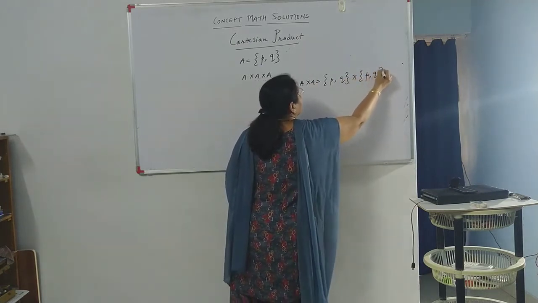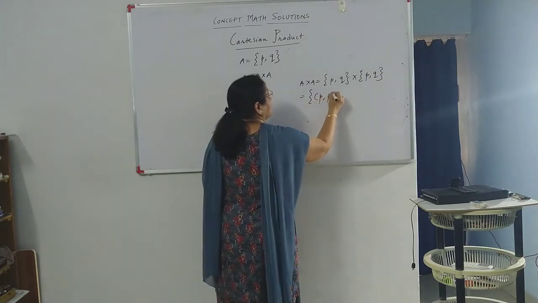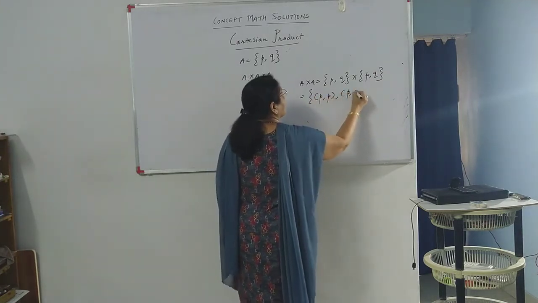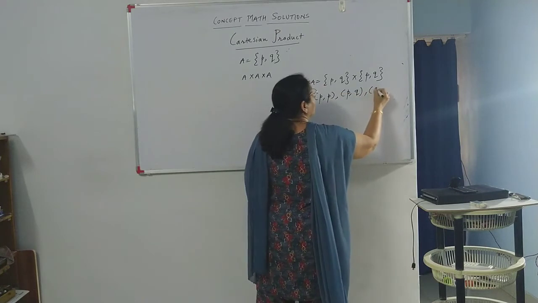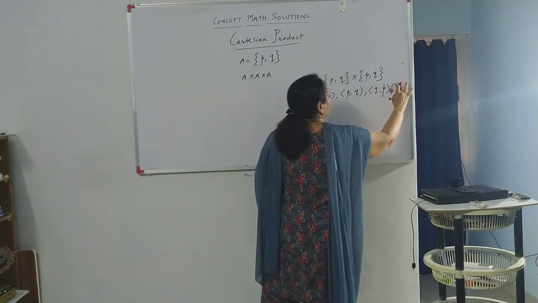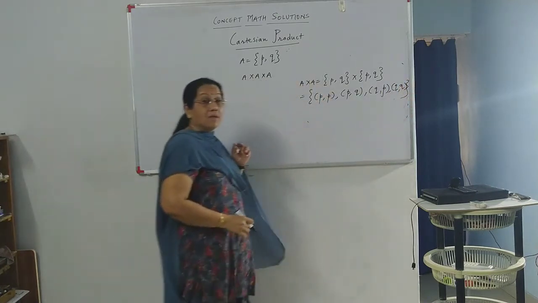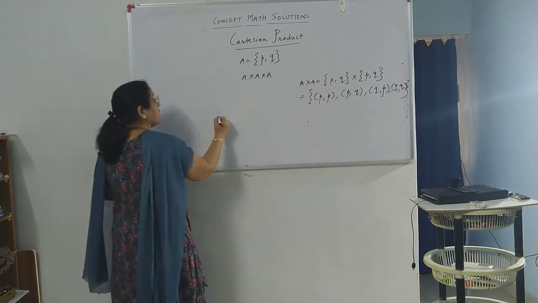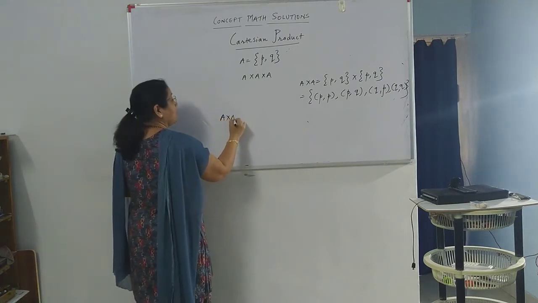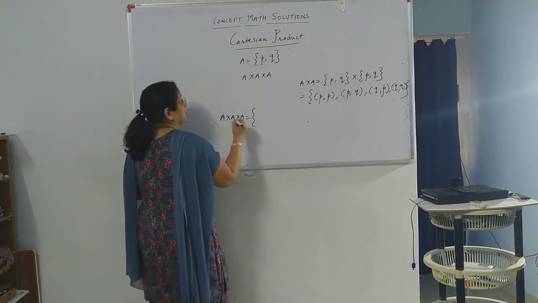So we have the elements as P comma P, P comma Q, Q comma P and Q comma Q, that is 4 elements. Right? Now A cross A cross A, the triple product, will have 3 terms.